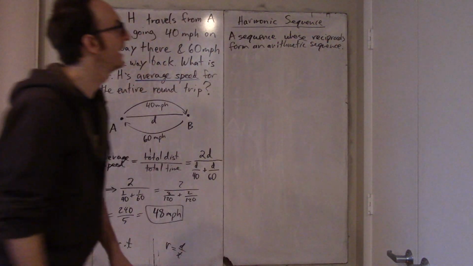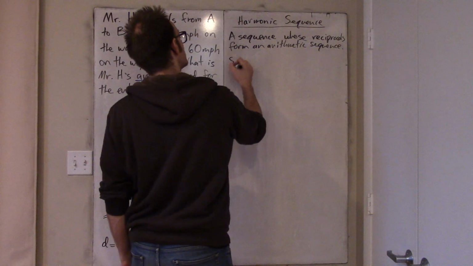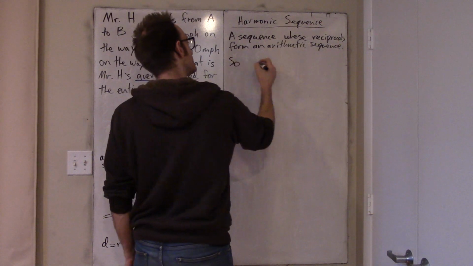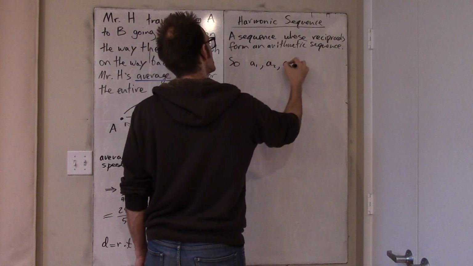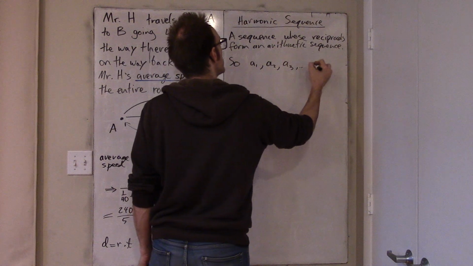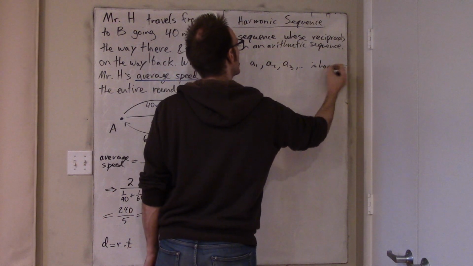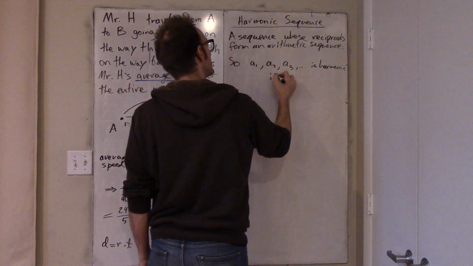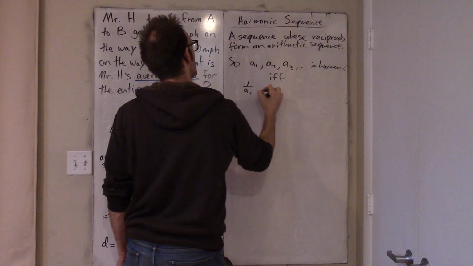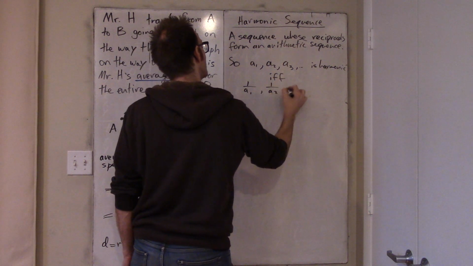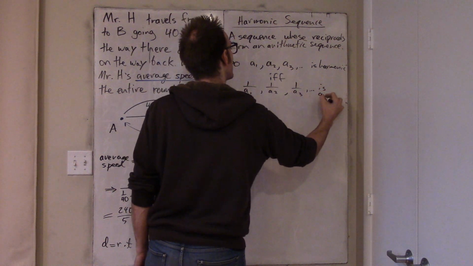Okay, great. So, for example, just to reiterate the definition in algebra, if you give me some sequence A1, A2, A3, etc., this is harmonic if and only if 1 over A1, 1 over A2, 1 over A3, etc. is arithmetic.